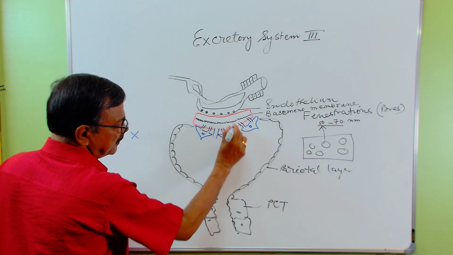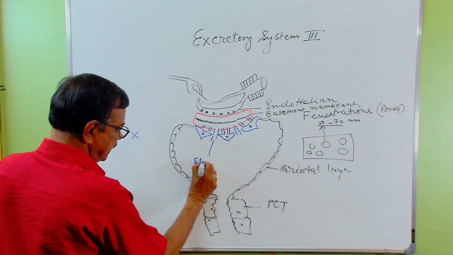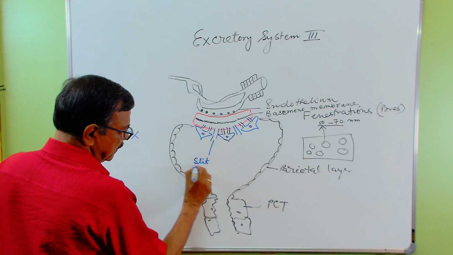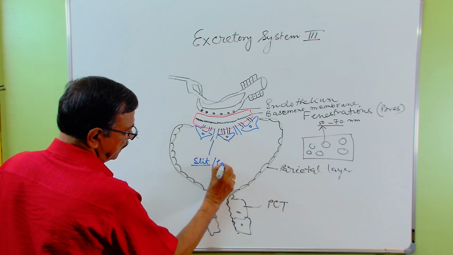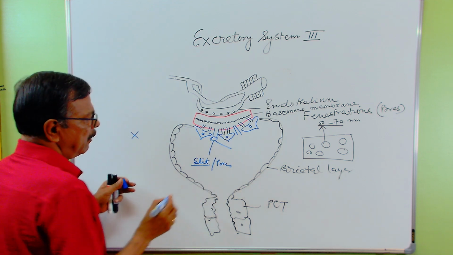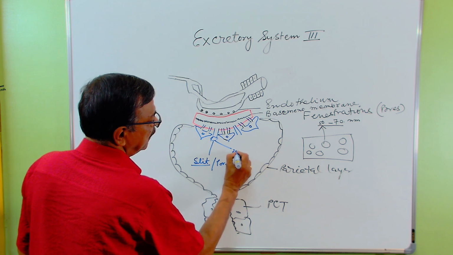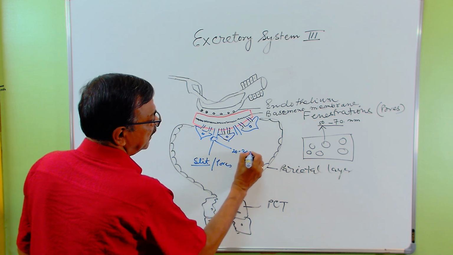This is a pore, this is a pore. These pores are known as slits. These slit pores have a diameter of 20 to 30 nanometer.